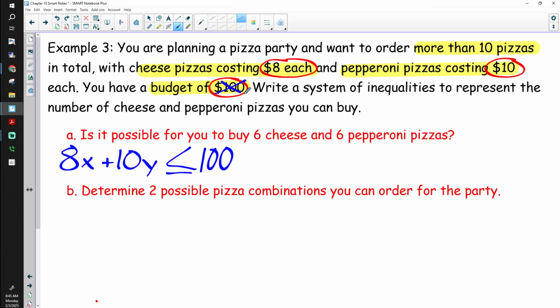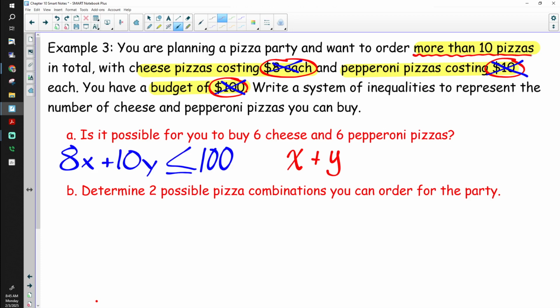So look, I'm done with 100, I'm done with 8, I'm done with 10, and all I have left is more than 10 pizzas. We want to order more than, yep, so we need to do x plus y. And I want to order more than 10 pizzas.